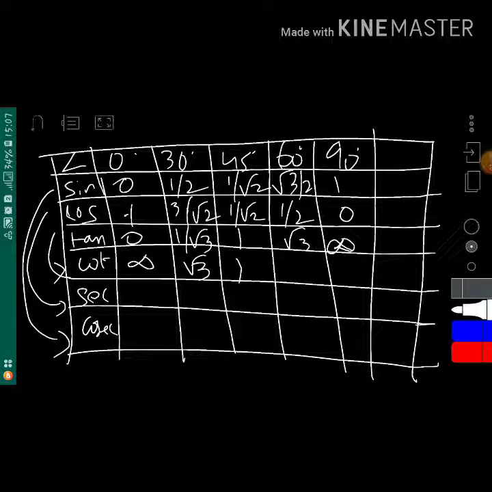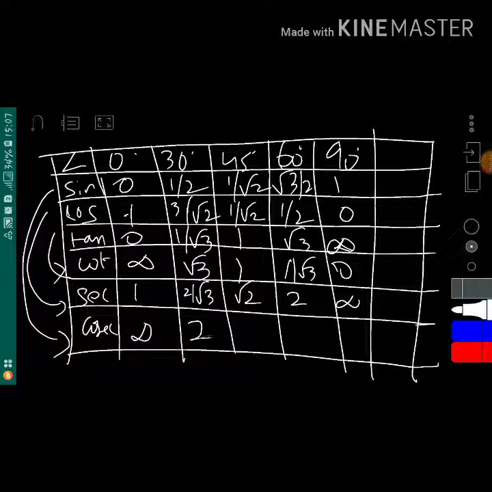See, 1 by root 3, 0. Opposite. 1, 2, root 3, root 2, 2, infinity, 2, root 2, 2 by root 3 and 1. That's it. You can do it like this and this opposite.